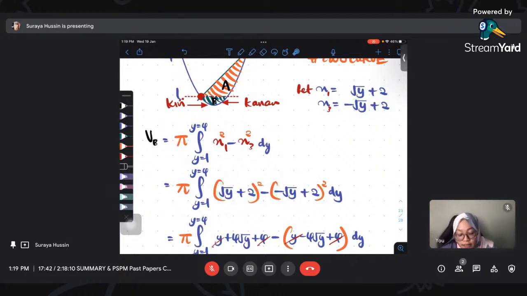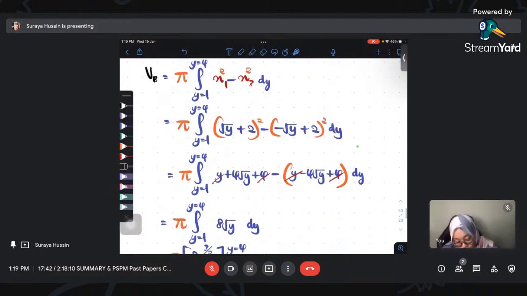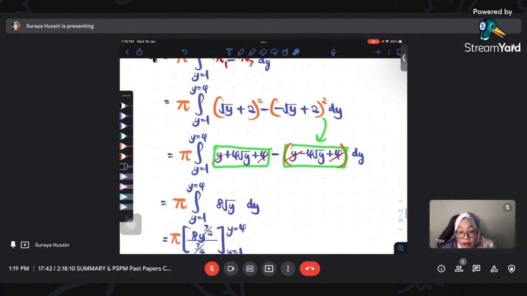Macam tu je lah. Lepas tu jangan lupa untuk letak square dan juga pi di luarnya. Okay? And then you solve. Jangan lupa untuk kembangkan dulu. Hati-hati kembangkan.